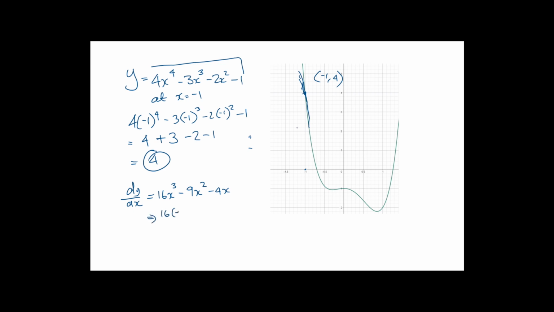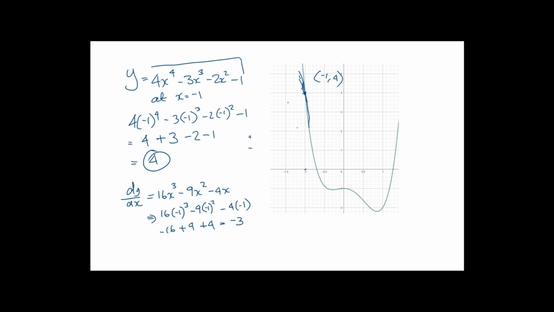So 16(-1) cubed minus 9(-1) squared minus 4 times -1. -1 cubed is -1, so -16. -1 squared is +1, and +1 times -9 is -9. And -1 times -4 is +4. Hmm, so that means the slope here is going to be -16 minus 9 plus 4, which is -21.